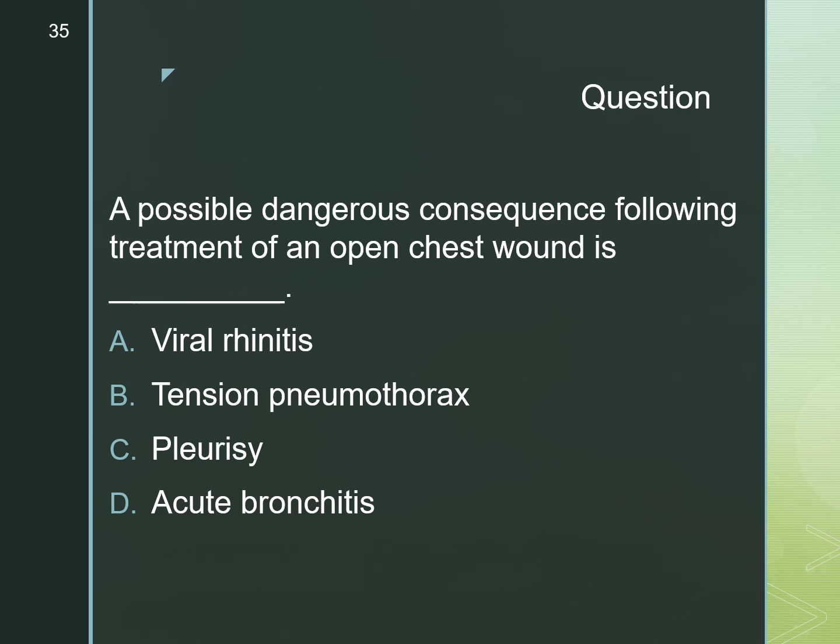If we see tracheal deviation in the client, in other words, it's not midline, not running down the middle of their anterior neck, but it's off to one side or the other, this is a sign of a tension pneumothorax. And it means that all of the structures are being pushed off to one side. And once again, life-threatening situation going on there. We have to take care of this quickly.